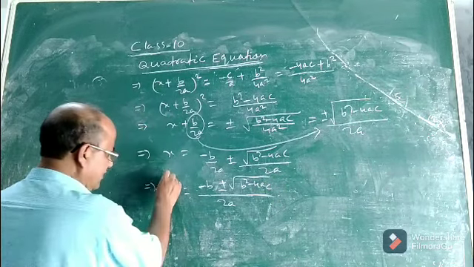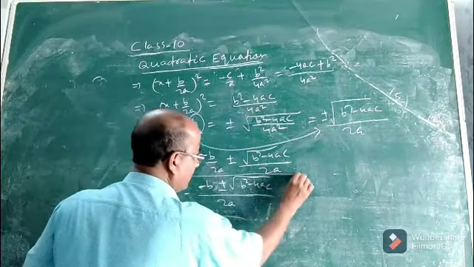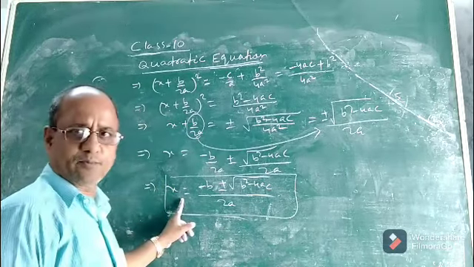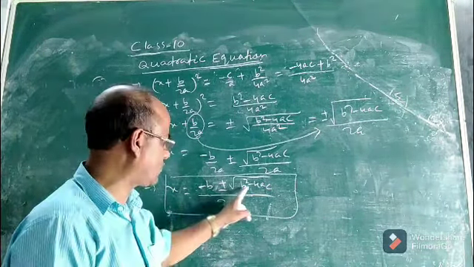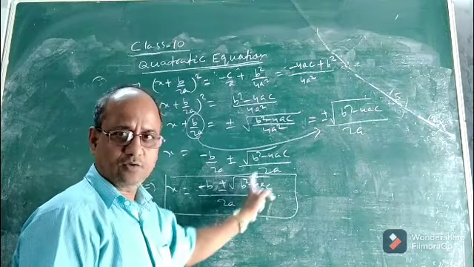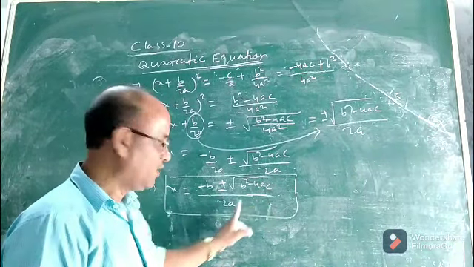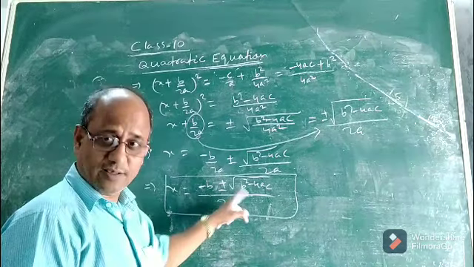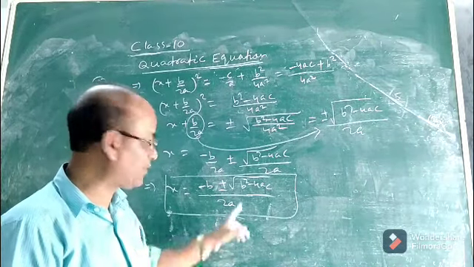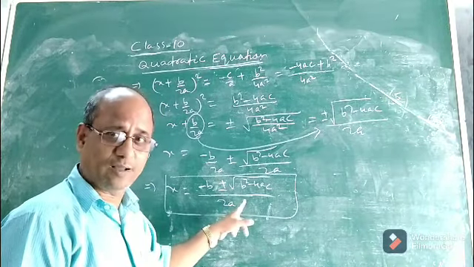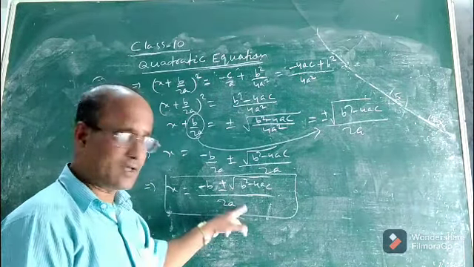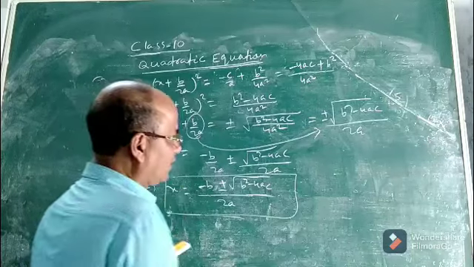See. Now this important formula: x equal to minus b plus or minus square root of b square minus 4ac whole divided by 2a. This important formula is known as quadratic formula. And if you look at children, here it is given plus or minus, means there are two values. One is plus value, the other is minus value. That means what will we write?